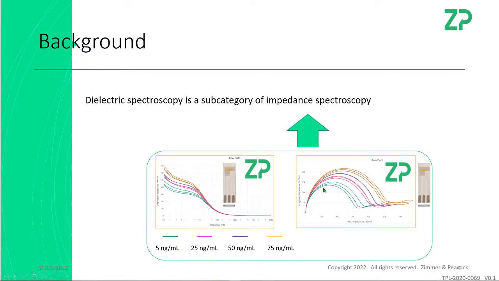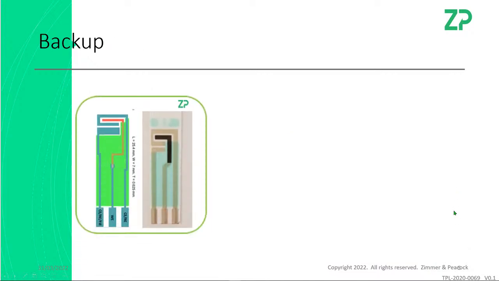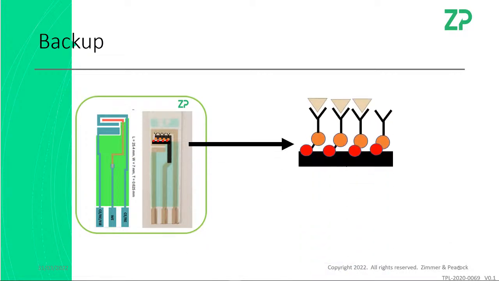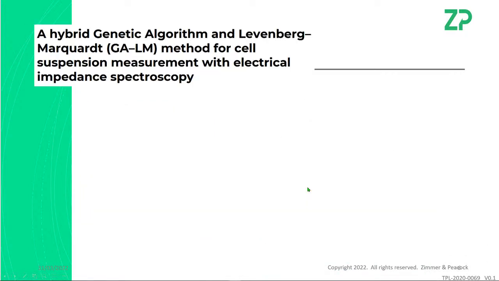We talk about impedance spectroscopy a lot in these webinars, in the context of really turning electrodes into biosensors, where we have obviously antibodies anchored to the surface, and then we have antigens that bind to those antibodies, and that's the source of our signal. So we do talk about that a lot in these webinars.